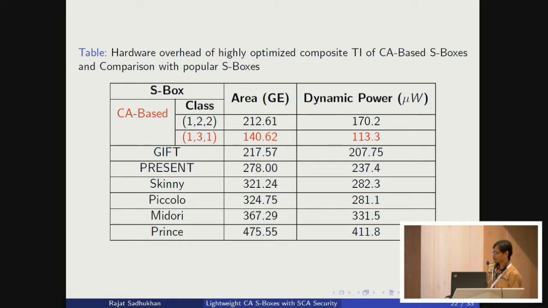Using that, we have reduced the area further, and for class 131 we noticed we have almost reduced 80% from our previous implementation, from algebraic degree 3 to algebraic degree 2, by decomposing that function.